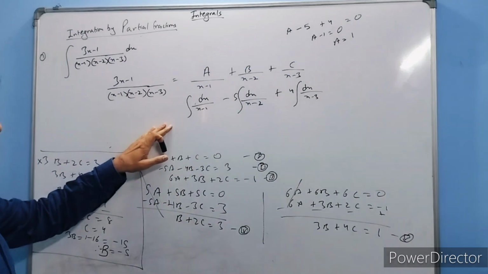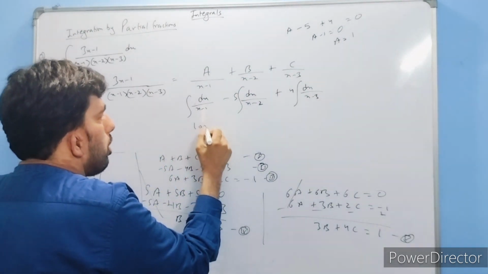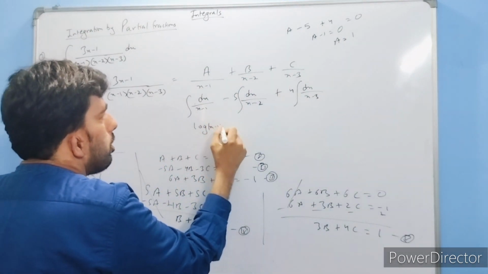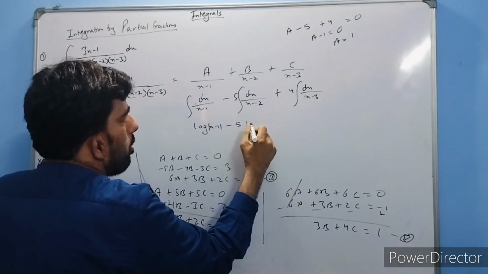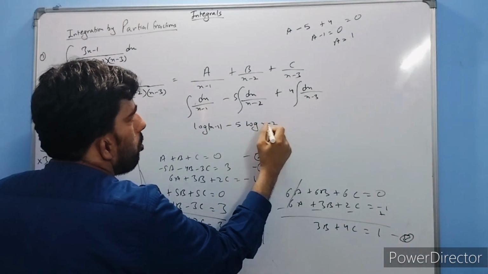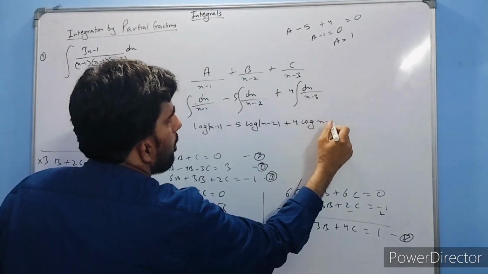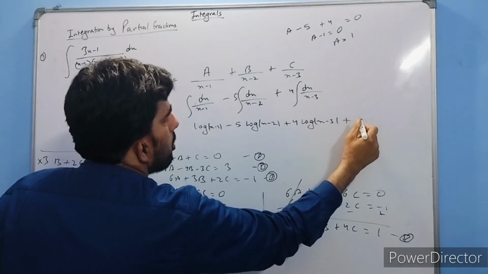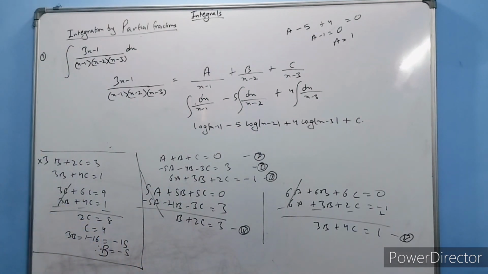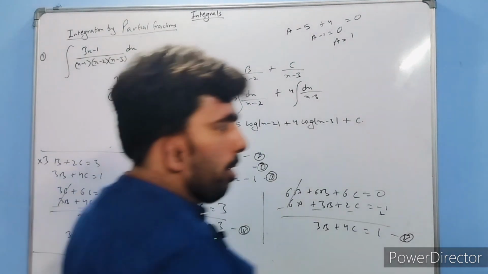Now I can easily solve them. I will get log x minus 1 minus 5 log x minus 2 plus 4 log x minus 3 plus C. So that is how we are able to solve the integration by partial fraction.